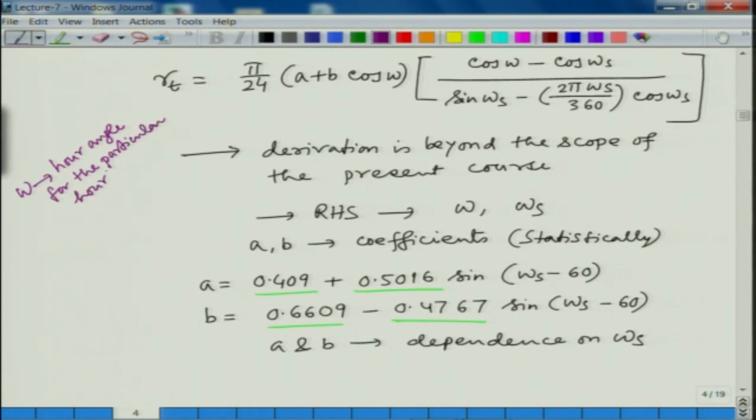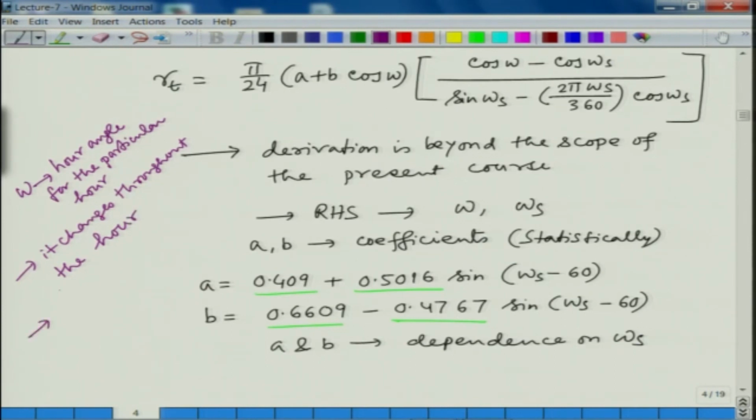But the hour angle itself changes throughout the hour that we are considering. So, which value to take?